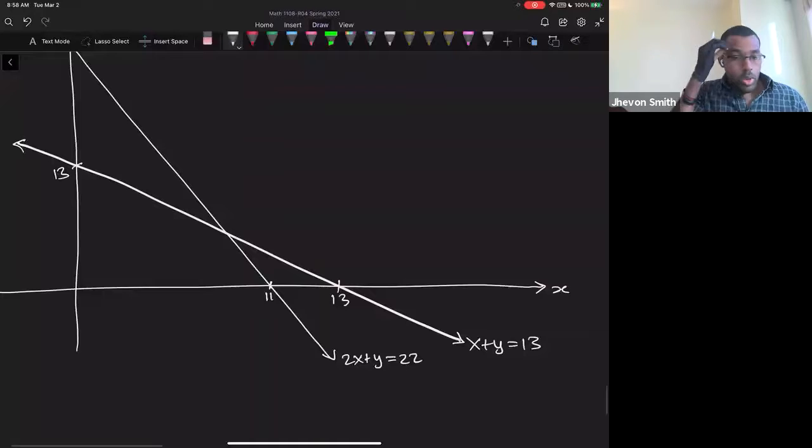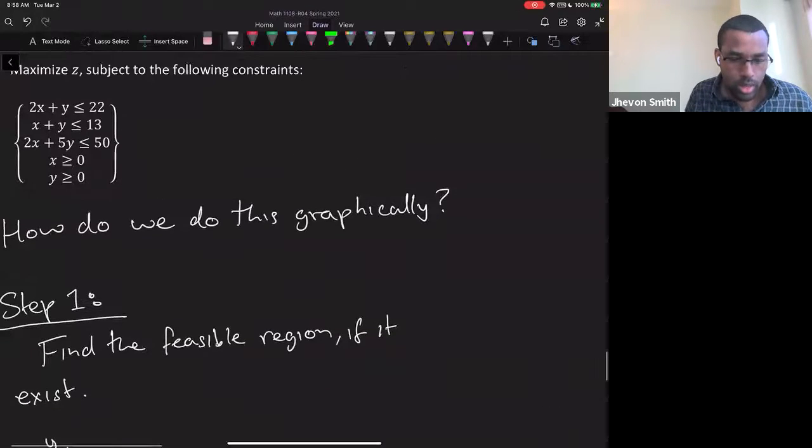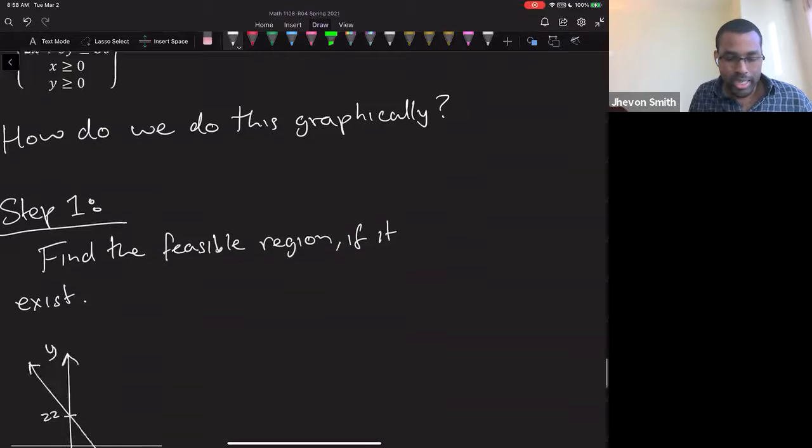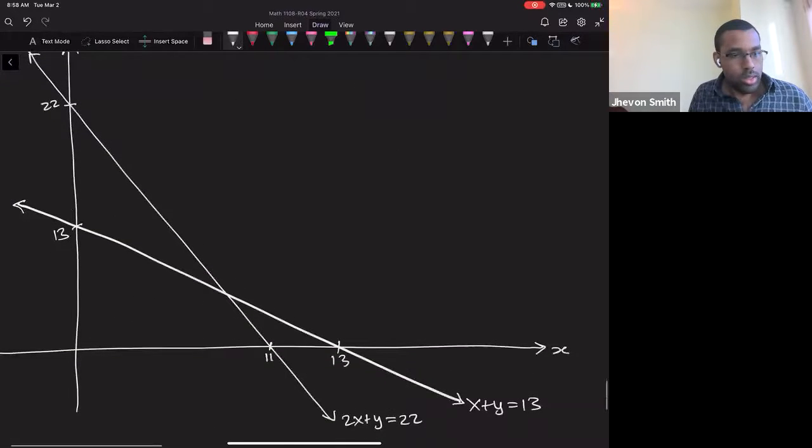Okay, what else? 2x plus 5y equals 50. So plugging in y equals 0, that means my x would be 25. And if I plug in x equals 0, my y would be 10.